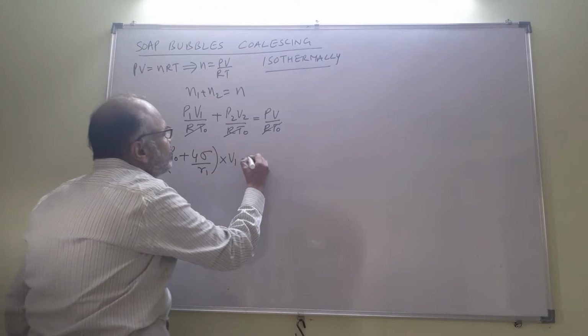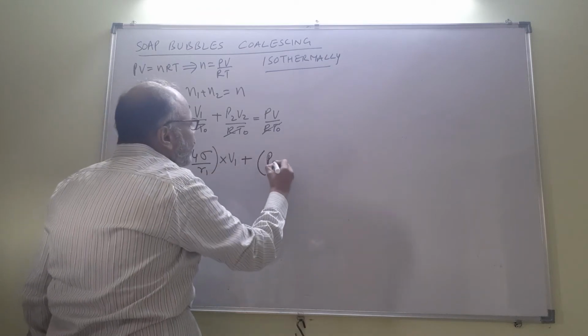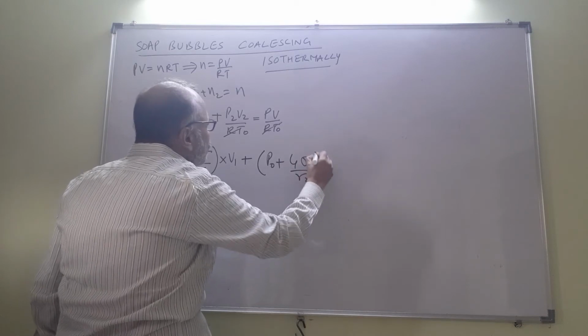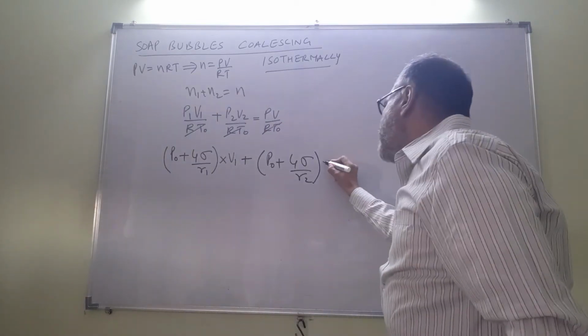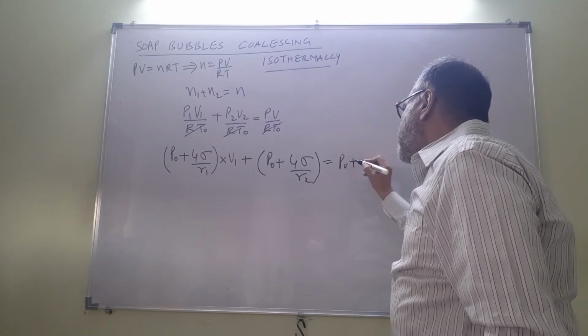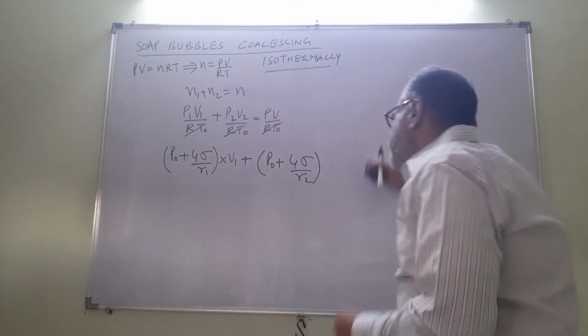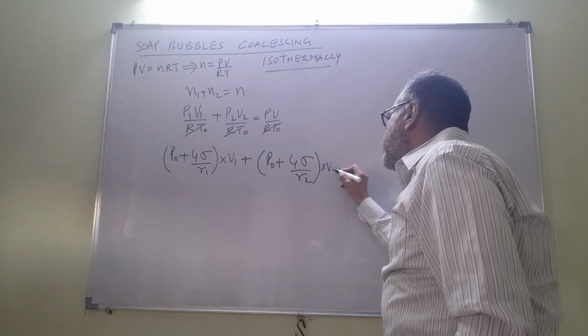Similarly, we can write the pressure for the second bubble, P naught plus 4 sigma by R2, into V2.